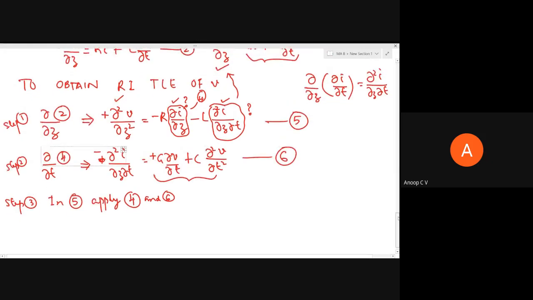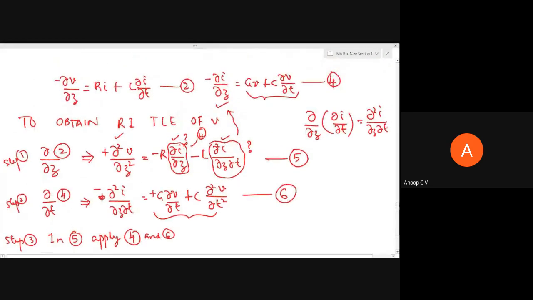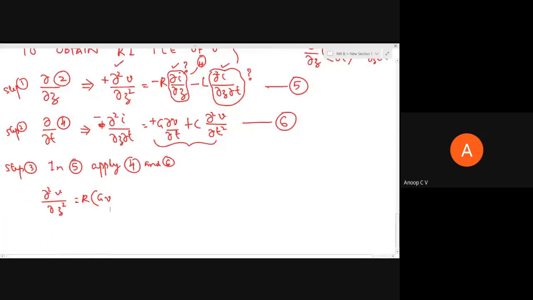So equation number 5 is this, right? Here the left hand side is dou square V by dou Z square. This is equal to R times what is dou I by dou Z? Dou I by dou Z is nothing but GV plus C dou V by dou T, equation number 4, right?